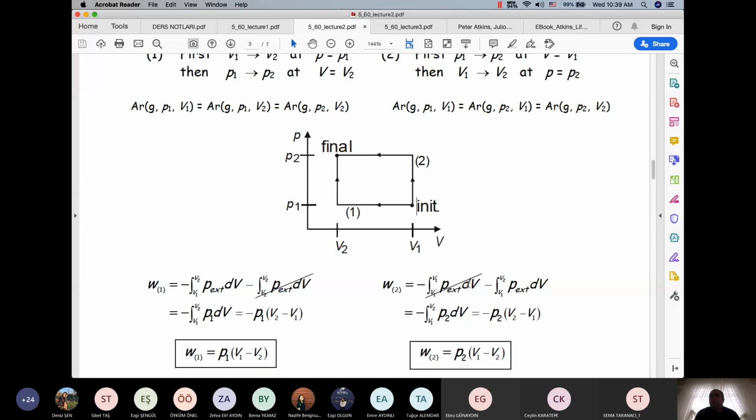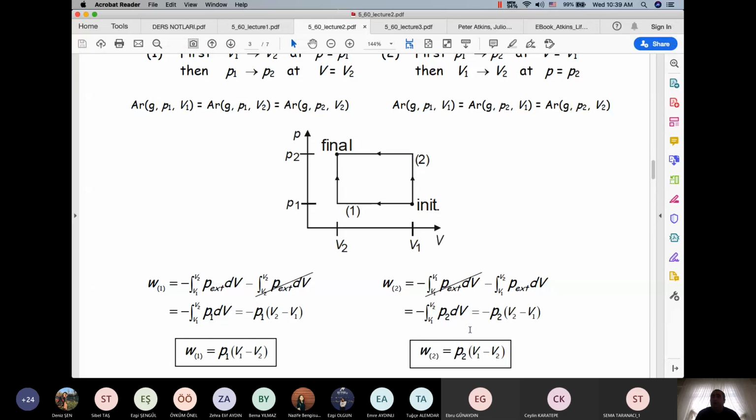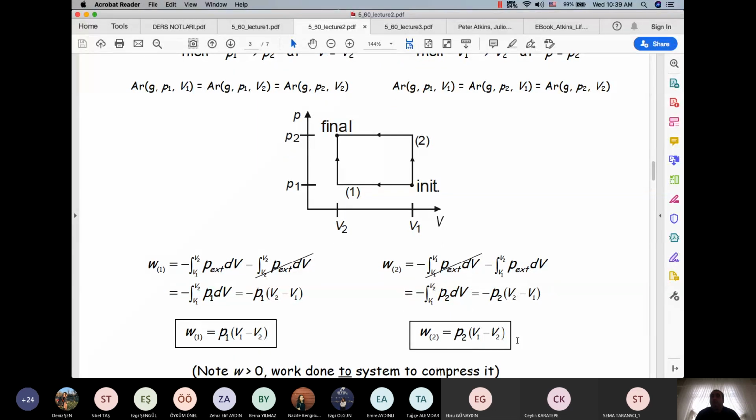The volume change is 0. In the second part, the volume changes, but the pressure is constant, and the external pressure is P2. So instead of external pressure, I can just write P2, and the volume changes from V2 to V1, and I get work P2 times dV, right?